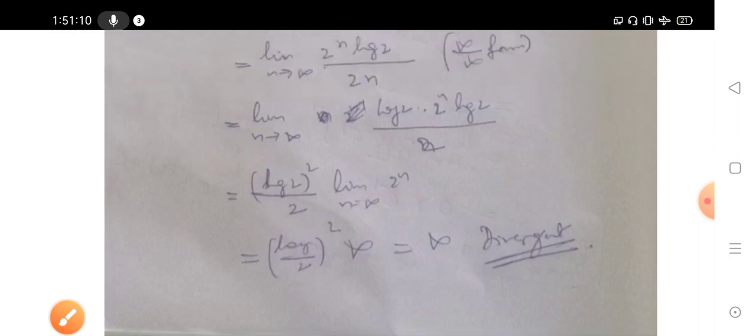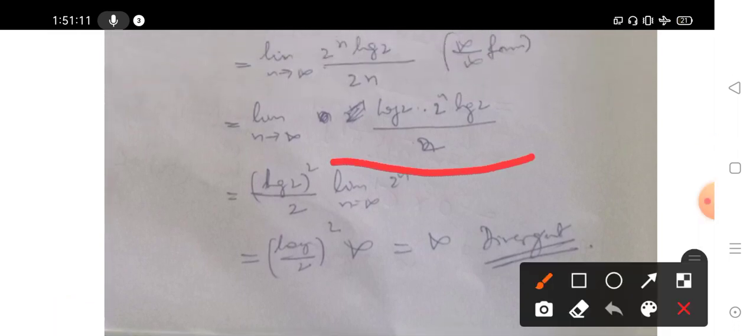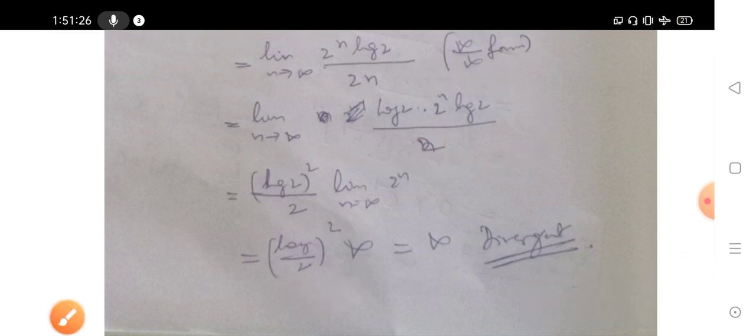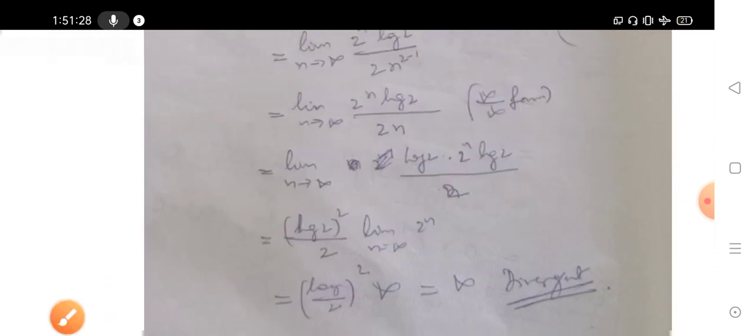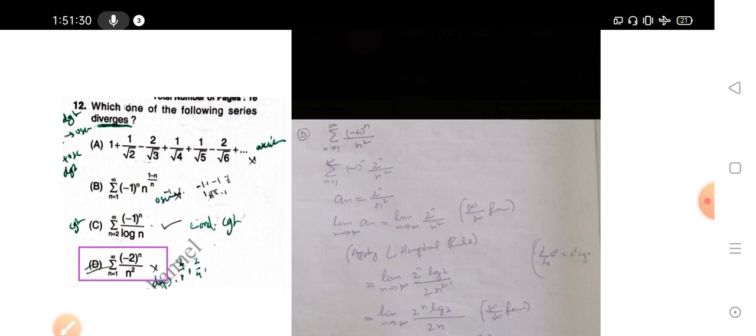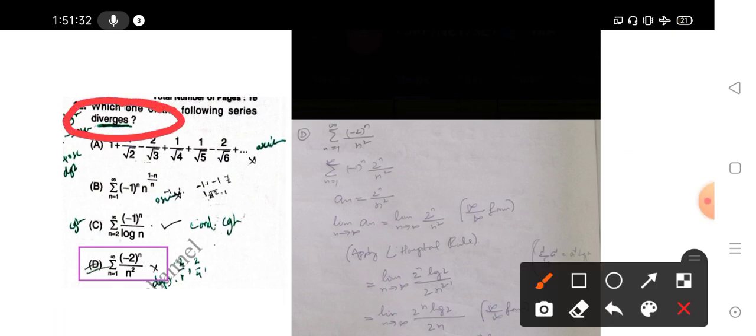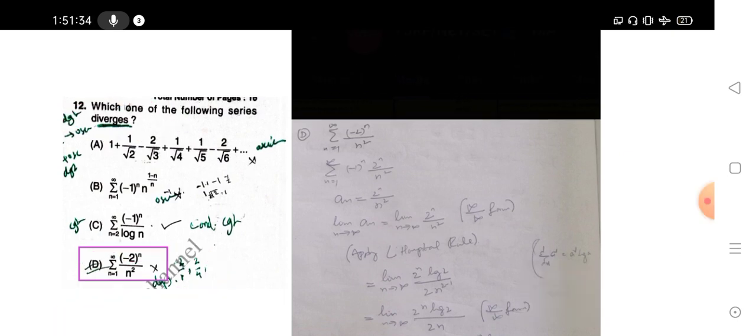Limit n tending to infinity of 2 raised to n log 2 square upon 2, which is infinity. This diverges. Option D is correct.